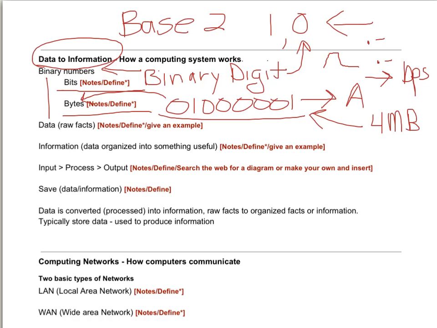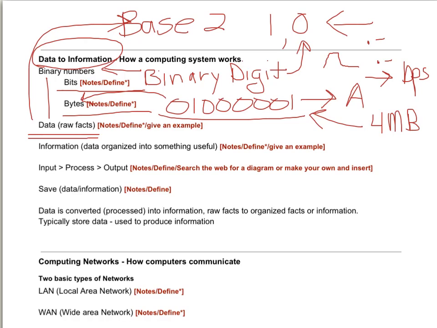So data, all the data in the computer is represented in base 2, in 1s and 0s. And then the software can manipulate those to make something out of that. So when we talk about data in this class, I'm referring to the raw facts, the pure thing.